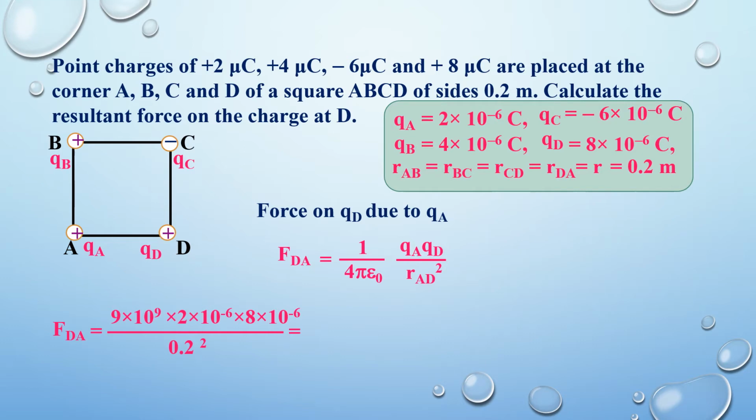On simplifying, I get 144 × 10^9 into 10^-12 divided by 0.04, which gives an answer equal to 3600 × 10^-3 Newton, or you can write it as 3.6 Newton.